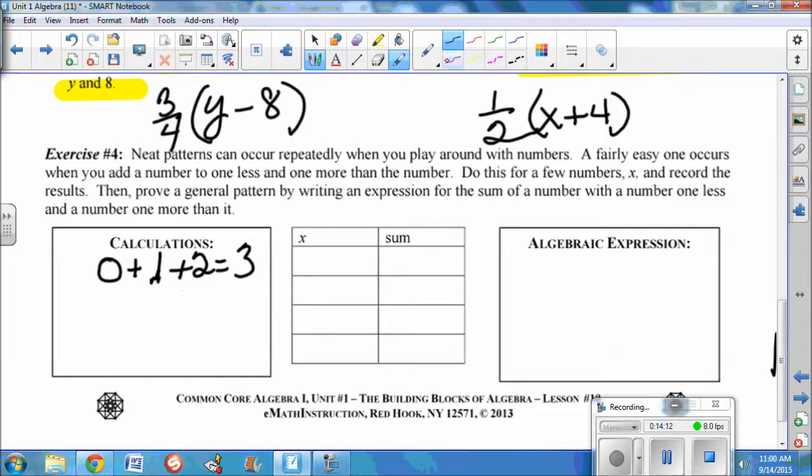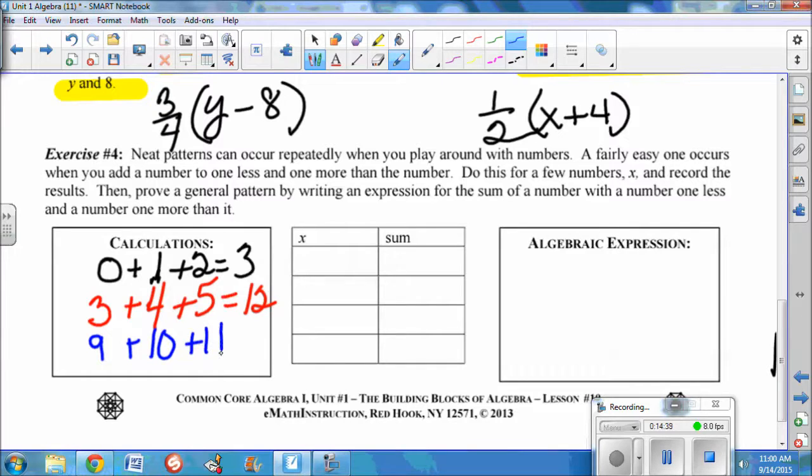What if I go to maybe 4. If I pick the number 4, and I add the number 1 less and the number 1 more than 4, that gives me 12. All right, let's do it again, and let's do 10. Number 1 less and a number 1 more. Add those up and get 30.